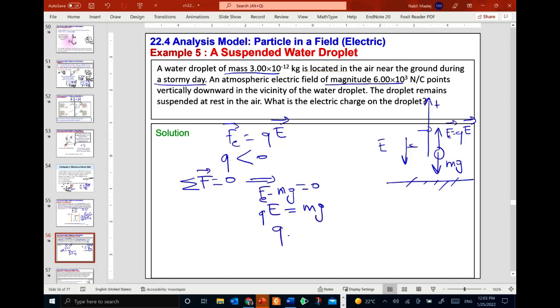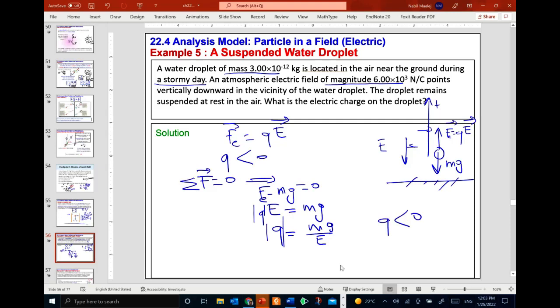Q in this case is just equal to mg divided by E, and obviously we have to take care of the negative sign. So this is the magnitude of Q: mg over E, and Q is a negative charge.